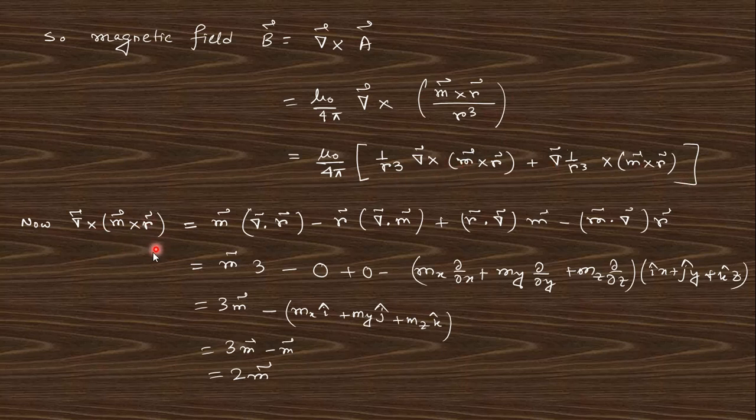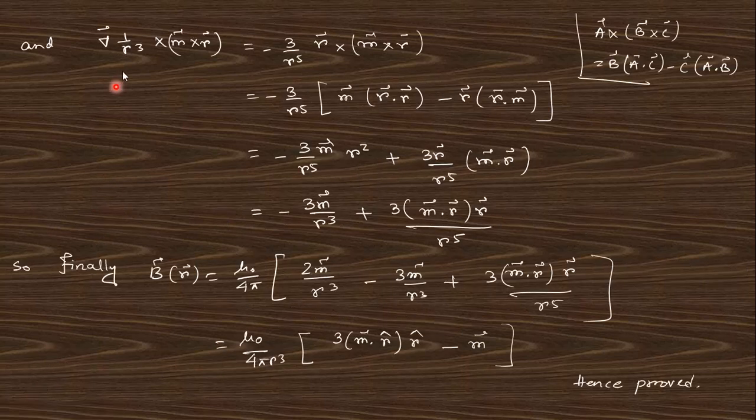This m is constant, so this is 0, and m can be written as mx i cap, my j cap, and mz k cap. And r is x i cap, y j cap, z k cap. So this gives you the i cap part only, this gives you j cap, that is the m vector. So finally you get this equals 2m vector.